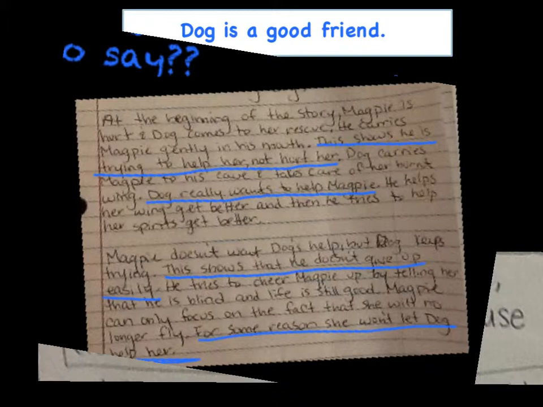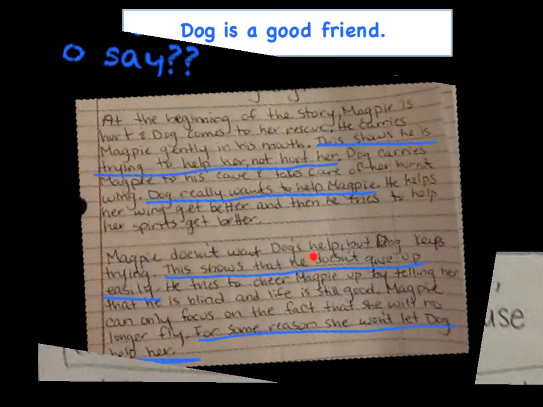So here again it says at the beginning, Magpie is hurt and Dog comes to her rescue. He carries her gently in his mouth. This shows he is trying to help her, not hurt her. Dog carries Magpie to his cave and takes care of her burnt wing. Dog really wants to help Magpie. He helps her wing get better, and then he tries to help her spirits get better.